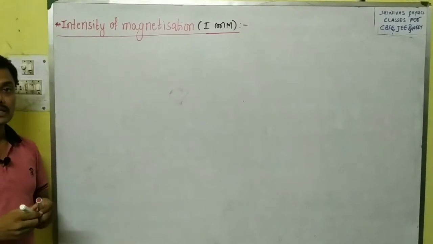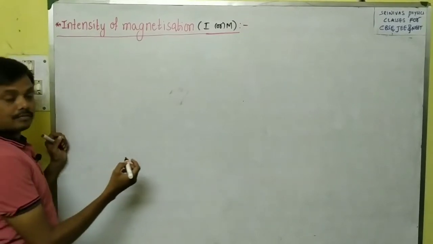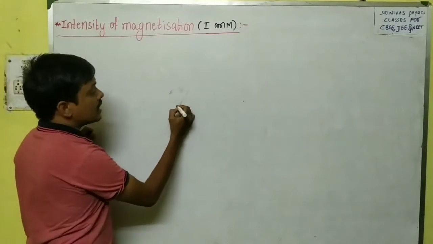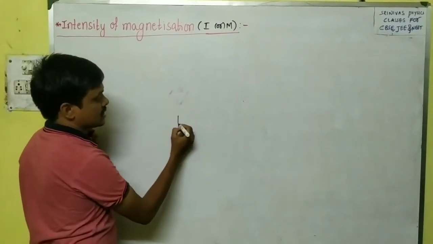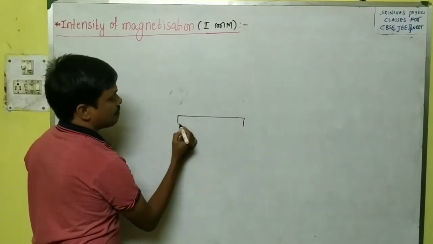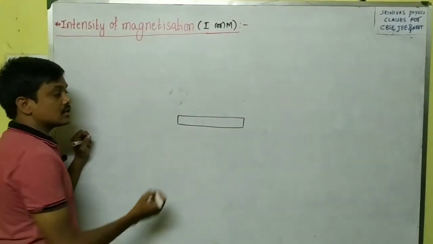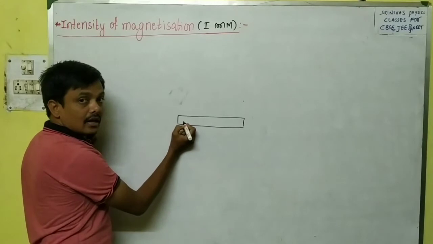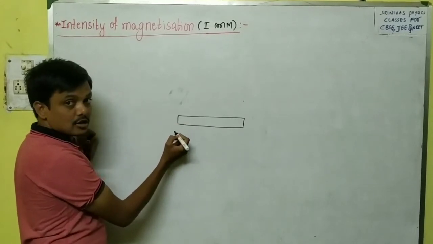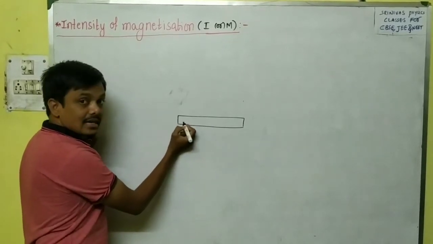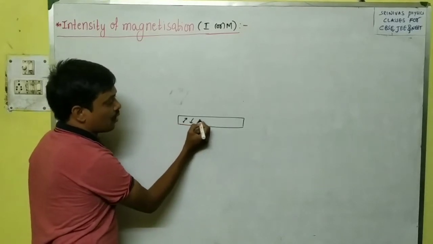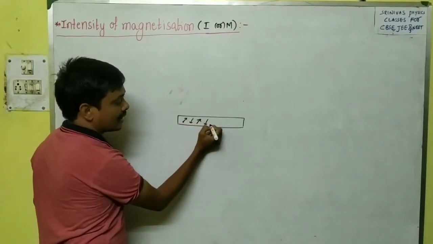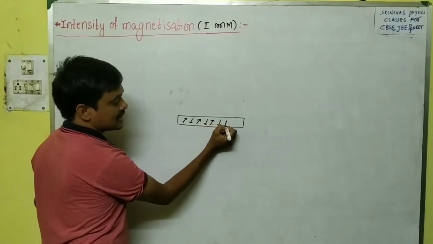Intensity of magnetization means, for example, any magnetic substance, if you want to magnetize it, this is a bar magnet. In this, so many elementary magnets are there, small, tiny magnets. Every atom will act as one magnet, but the magnetic moments of all the atoms or electrons are in different directions.